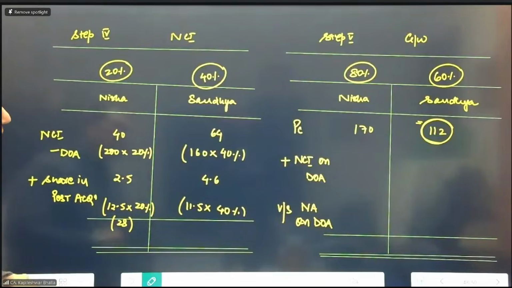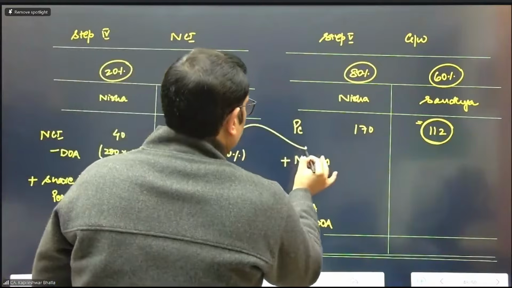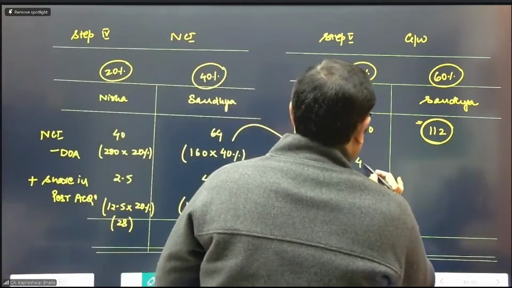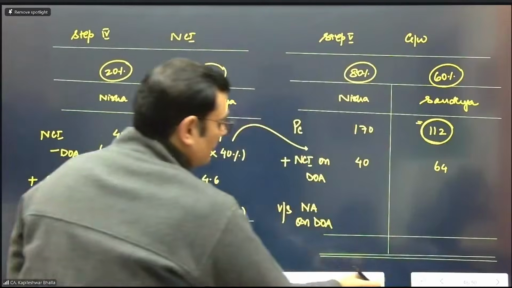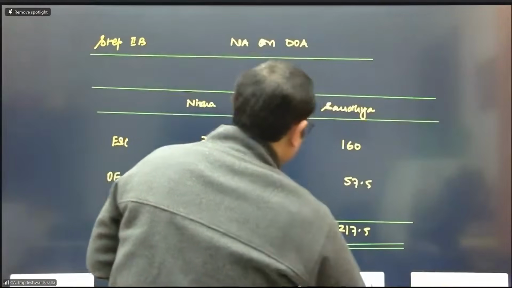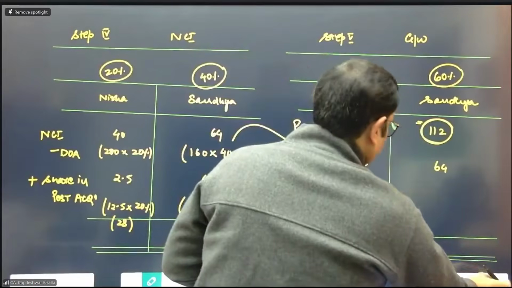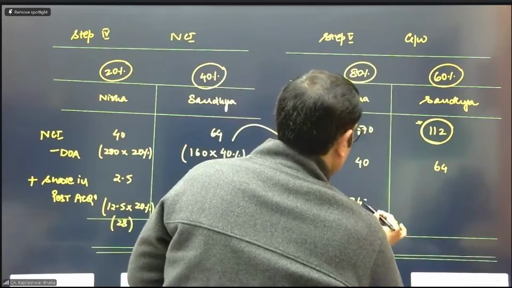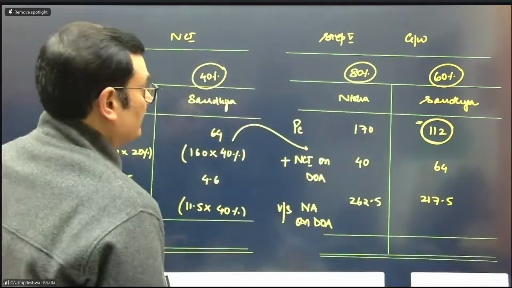Let's first finish the calculations. NCI on the date of acquisition is 40 and 64. And net assets on the date of acquisition, 262.5 and 217.5.